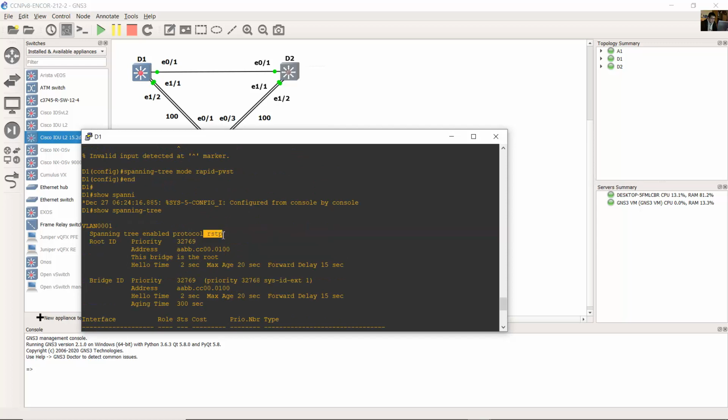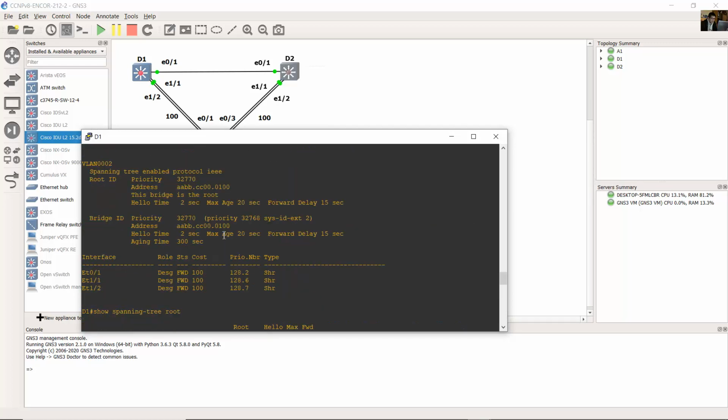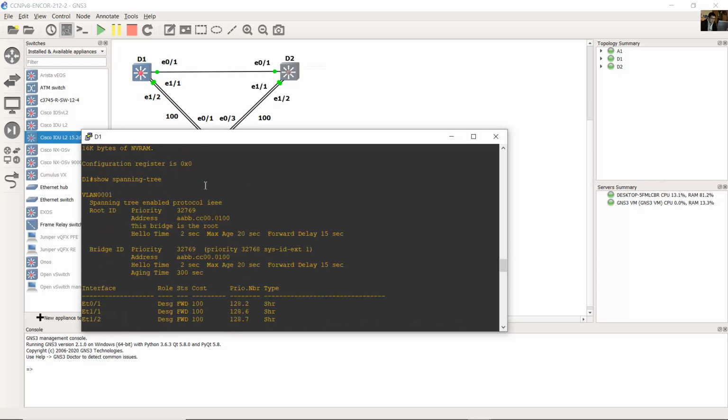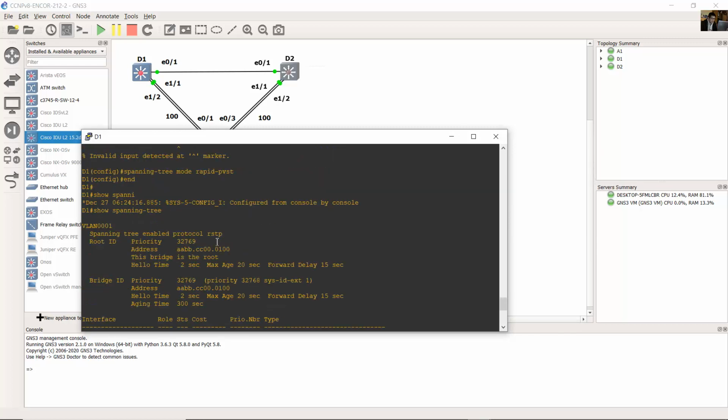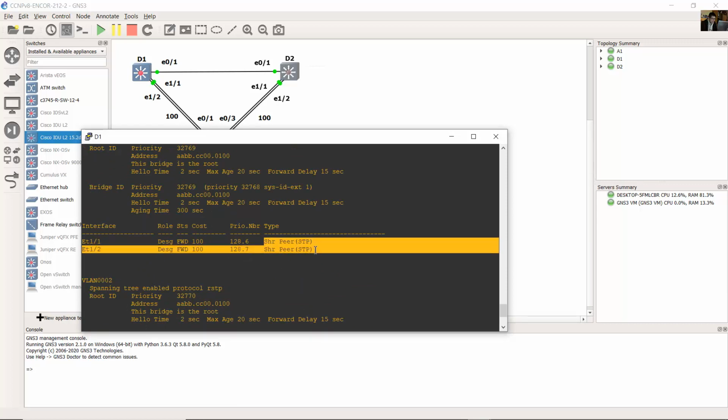Before the configuration, it was IEEE spanning tree protocol, but now it is Rapid spanning tree protocol. And you can see the peer, the other switches, are using only spanning tree protocol.